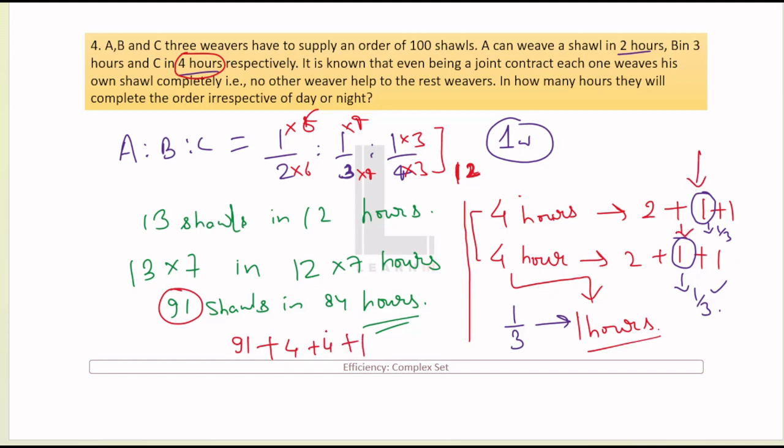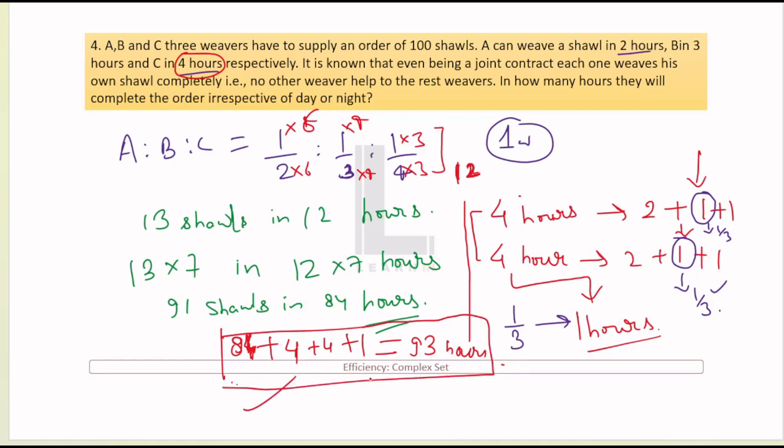So this is the counting method that you need to employ here. Sorry, this was not 91, this was 84. This was 84 plus 4 plus 4 plus 1. So we are taking a total of 93 hours to do the work. This is the final answer.